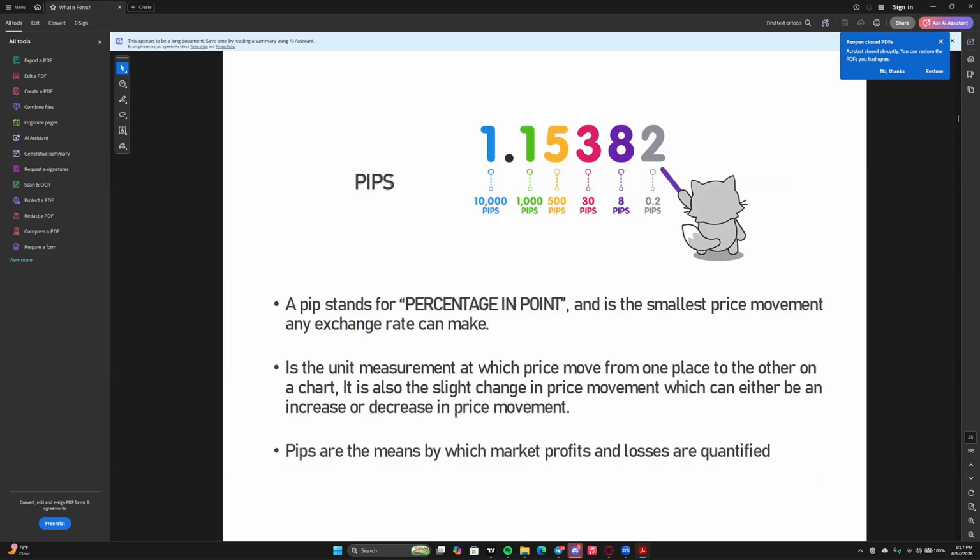So in forex, we measure price movement with what we call pips. It is also the slight change in price movement, which can be either an increase or decrease in price. Pips are the means by which market profits and losses are quantified. You use pips to calculate your lot size. That's basically what they mean here.